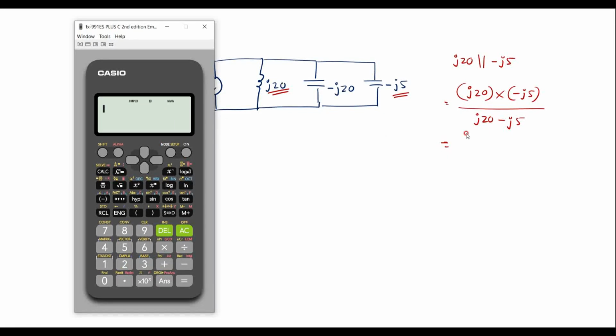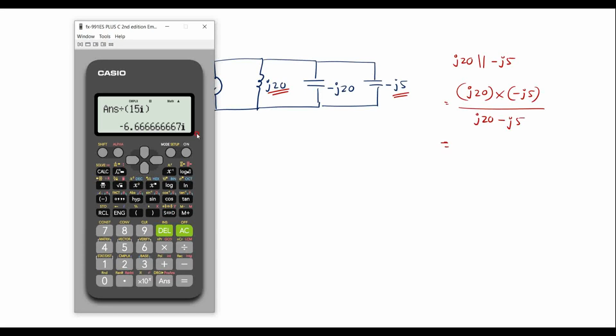J20 into minus J5, that is 20i into minus 5i, if we give equal it will give the numerator value divided by J20 minus J5, which is 15i.